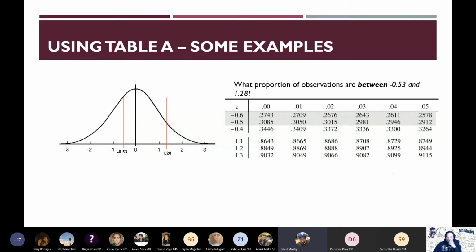Next, we want to know what proportion of observations are between. Right, now we're in between two numbers, negative 0.53 and 1.25. Okay. So we already know from our previous examples, we have the negative 0.53 value here.